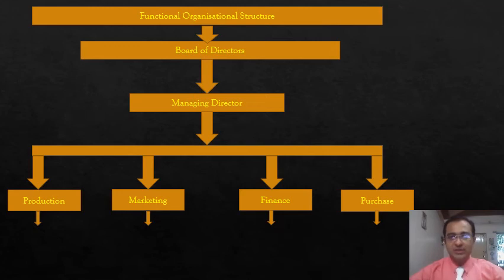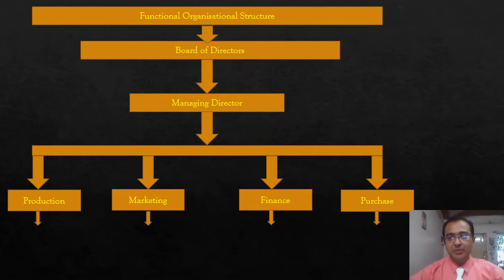But for ease of understanding, we have taken the example of these four departments into which a company is divided. Now, these are the four minimum functions which would be performed by each and every manufacturing or industrial organization.